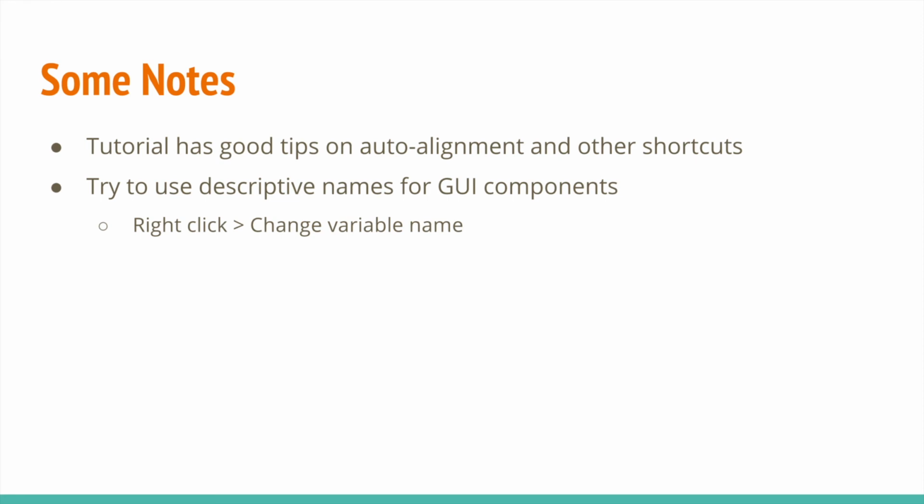So knowing how to align things correctly, manipulate color, adding in components, and working with those, something that probably everyone should think about spending time on this weekend. And again, as I said, try to use descriptive names for your GUI components.